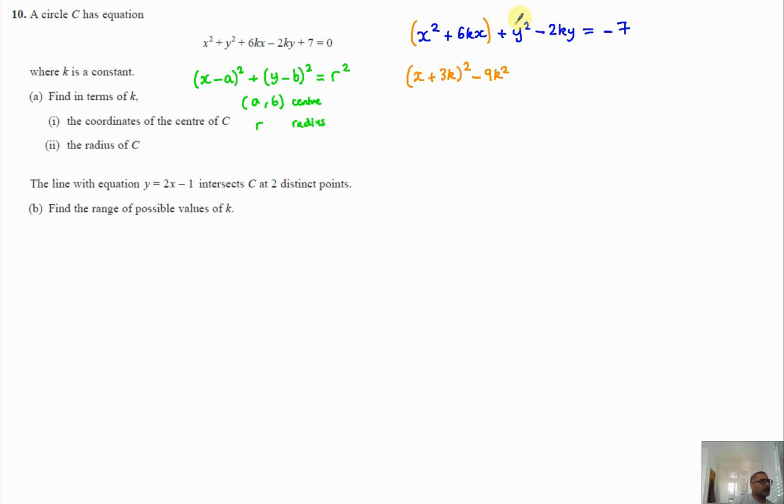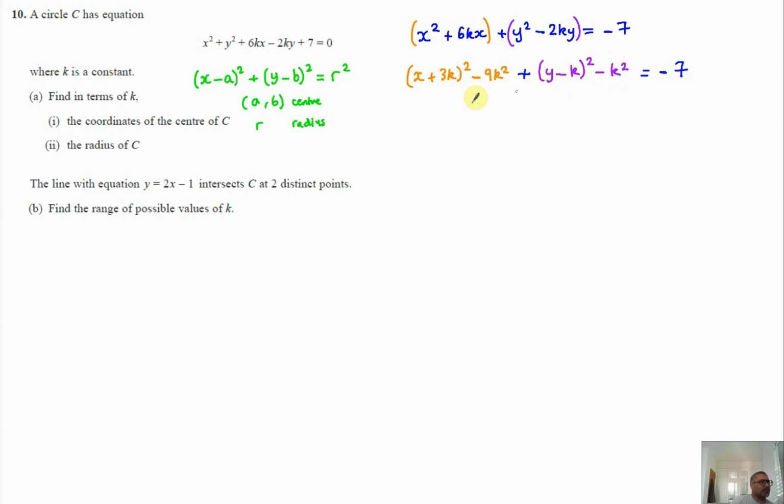Do the same thing for your y value. So here I want to do (y minus 1k) all squared, so (y minus k) squared, and again to complete the square I need to subtract this value k squared. Just completing my formula around it, it's going to be that plus that equals minus 7.